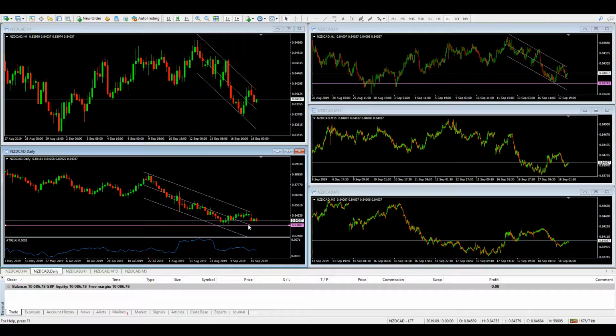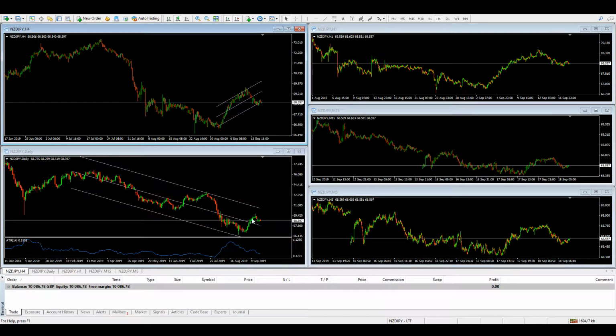As it approaches this low, there's a good chance it's going to find support. So if I'm taking at least some of the money off before that time, then it's just a more probable trade. So shorting now for me, it's just a little bit too late in this move, if you like, to try and jump on the back of it. So I would pass on this now, although I'm still bearish on this overall.